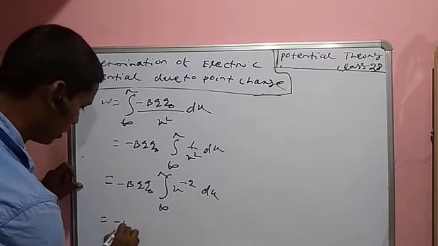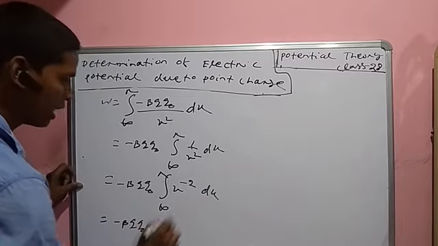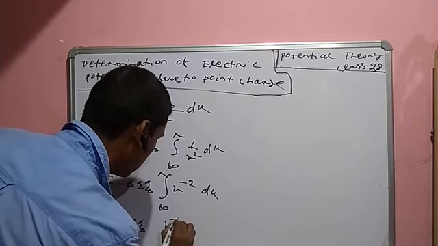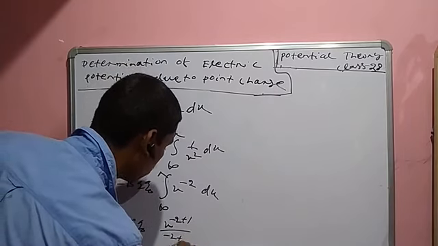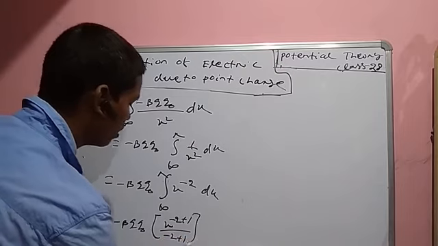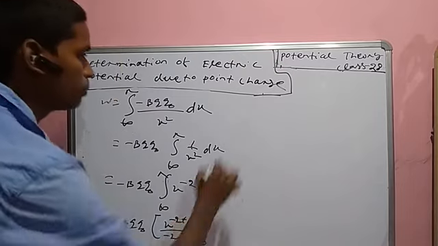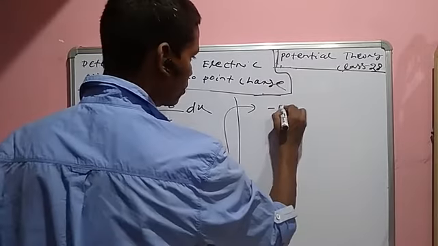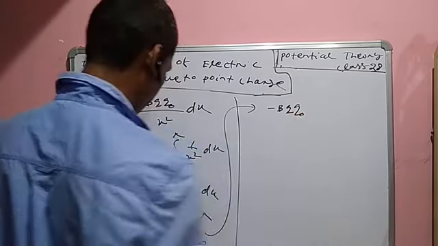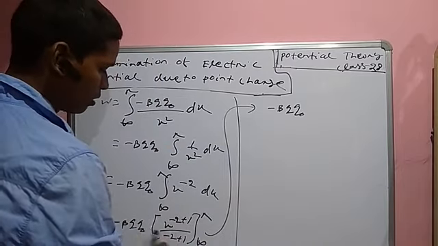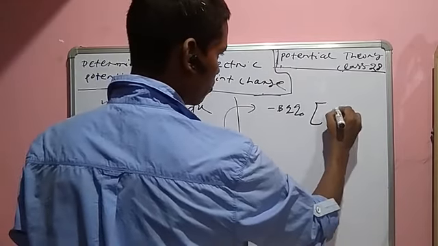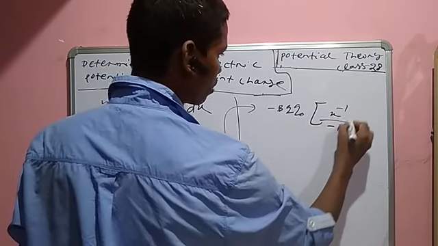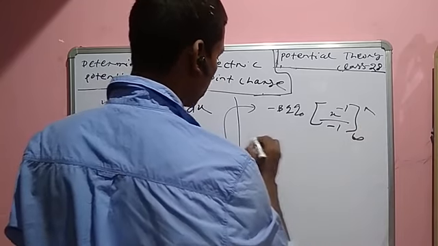So we write minus beta q0 times x to the power minus 2 plus 1 by minus 2 plus 1, which is x to the power minus 1 by minus 1, from infinite to r.